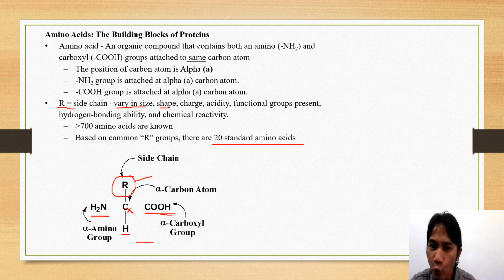However, there are more than 20 amino acids known. The rest of the amino acids are called non-standard. Okay, but we will be just talking about the 20 standard amino acids.